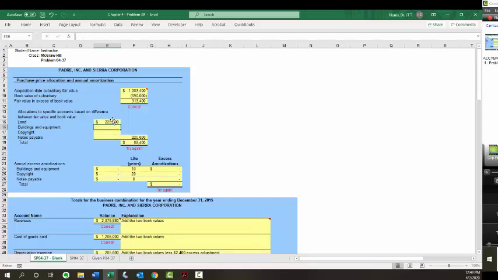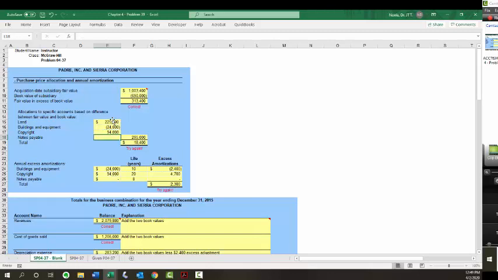We had buildings and equipment with a fair value of $263 and a $287 book value. We had copyrights with a fair value of $216, book value of $122.